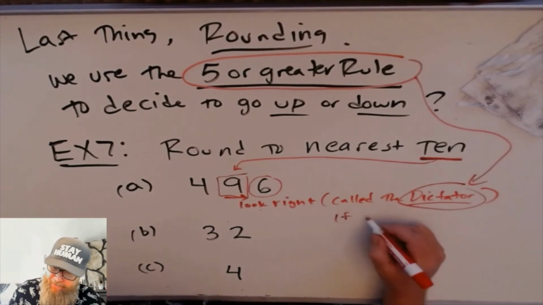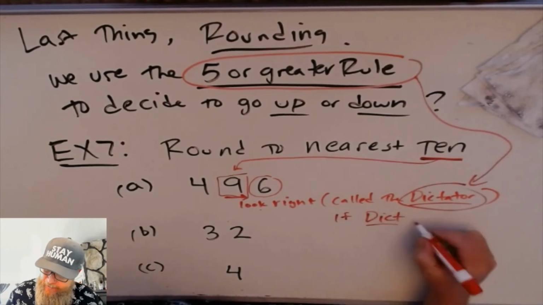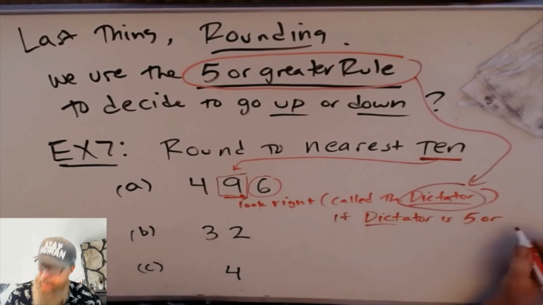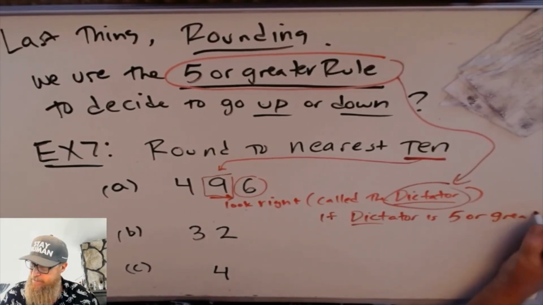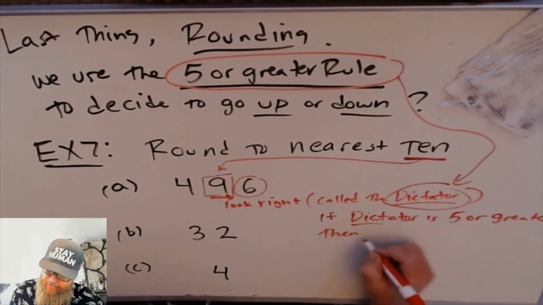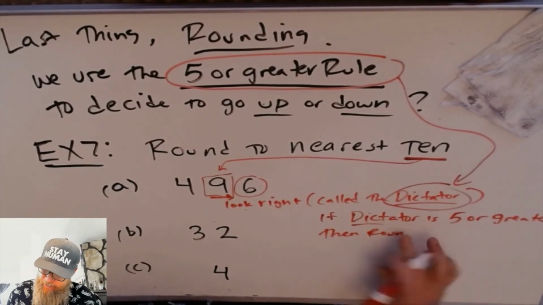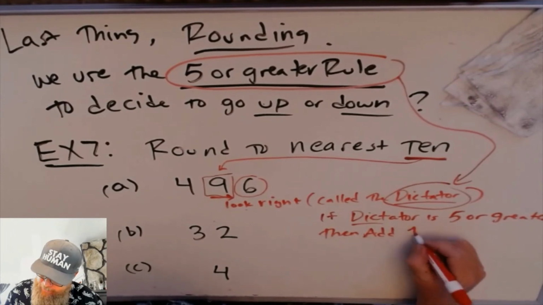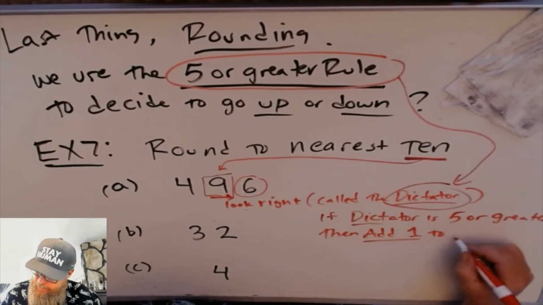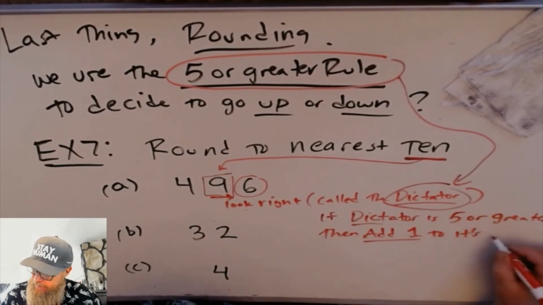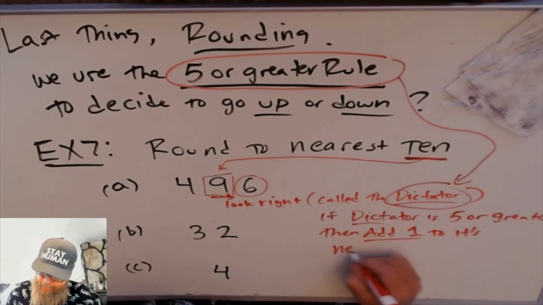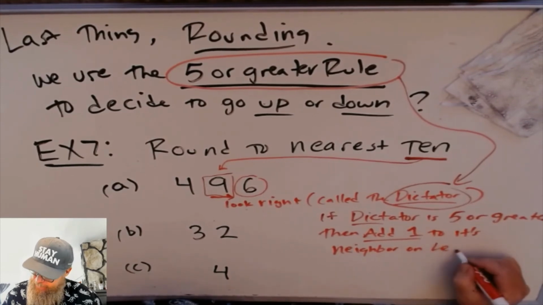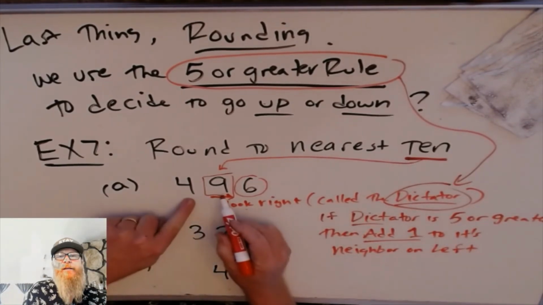So if the dictator is 5 or greater, then round, or add, I'm going to say add, it's a better way to say it, add 1 to its neighbor on the left. So whoever's directly to the left.